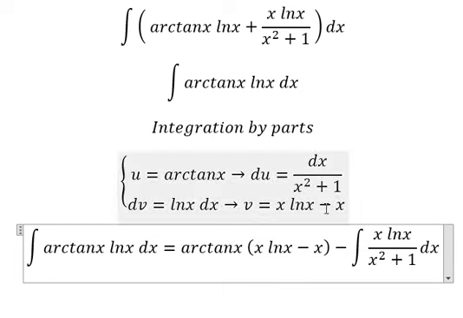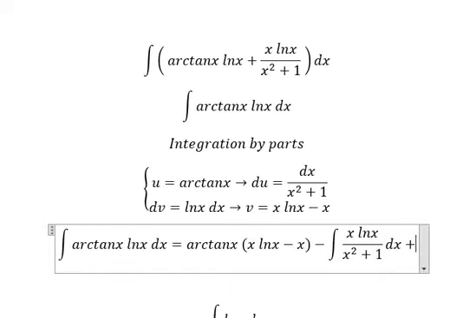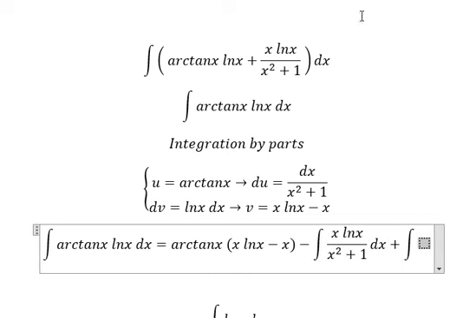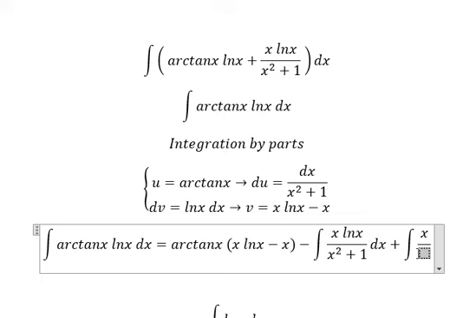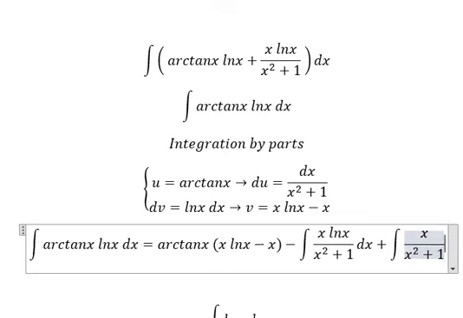So because we have a negative with a negative, we have a positive, and we have the integration of s multiplied by s over s squared plus 1 ds.